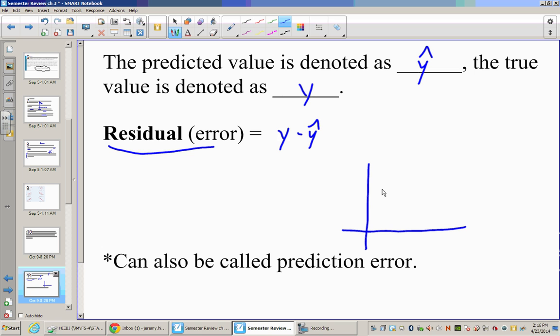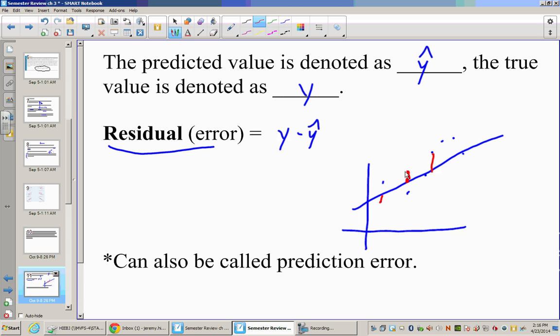Now, how I like to think about this, let's say we have data like this, and I draw a line like this. My residual is always going to be the vertical distance between the line and our point.